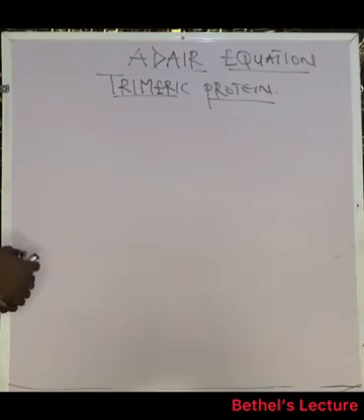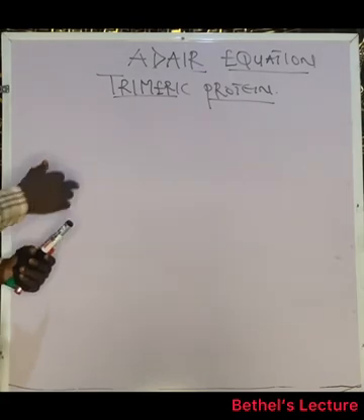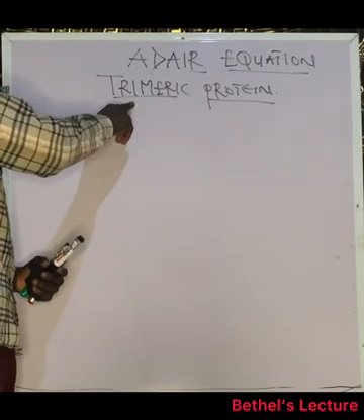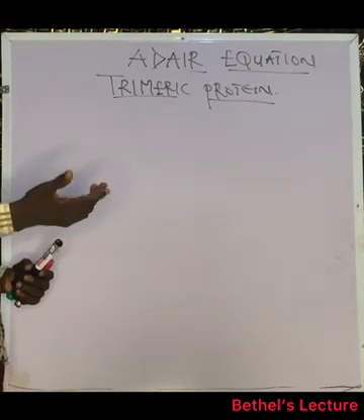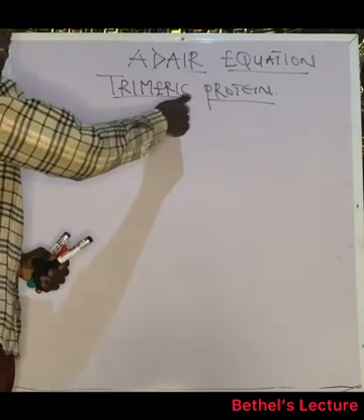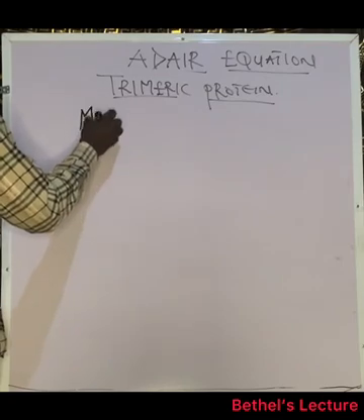Alright, so in like manner, that's what we did for a dimeric protein. You can also do it for a trimeric protein, and likewise for a tetrameric protein. Okay? So talking about a trimeric protein, I believe you want to say M3.